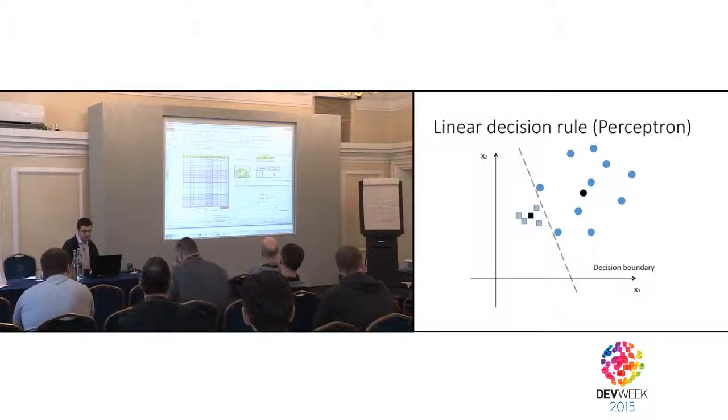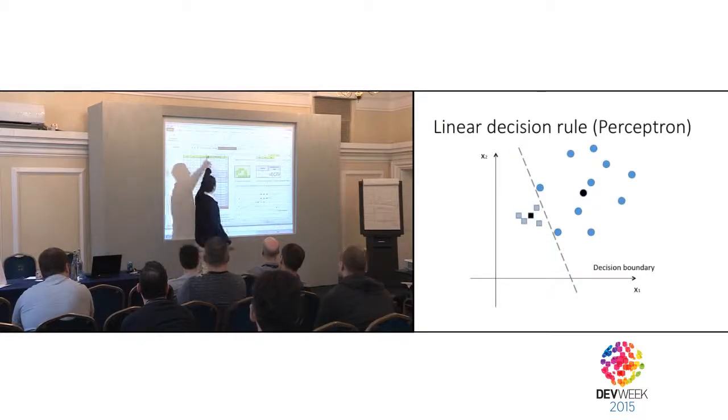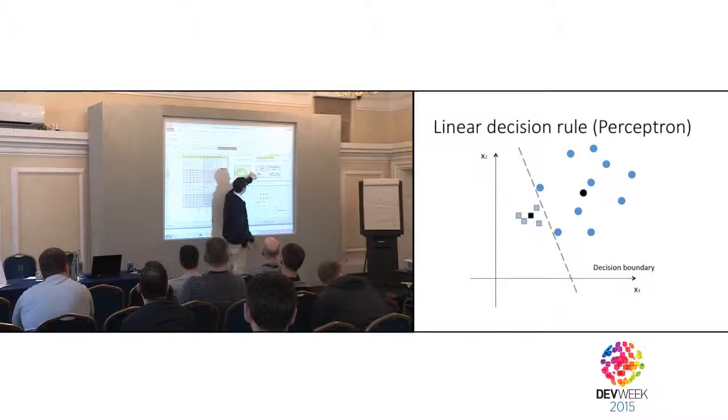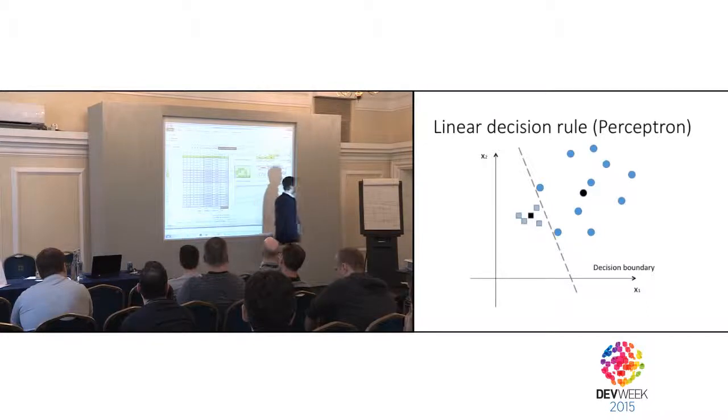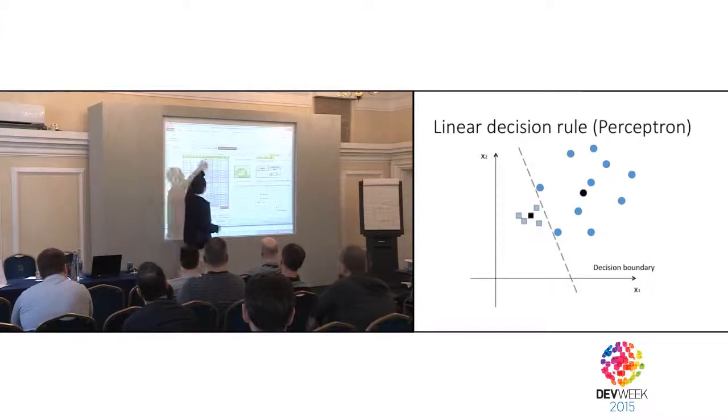And the decision rule is represented by this mathematical formula that we saw on the PowerPoint slide: the first feature is multiplied by weight 1, the second feature is multiplied by weight 2, then weight 0 is added, and this stepwise function is applied to this expression with some normalizing multiple.